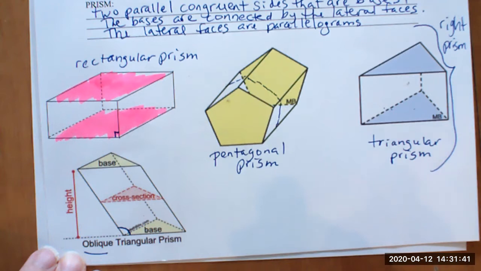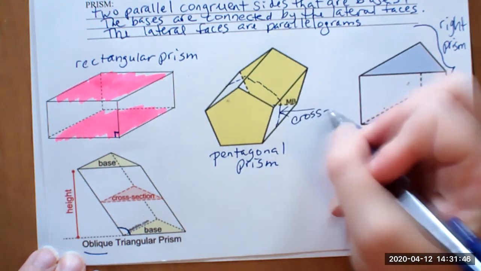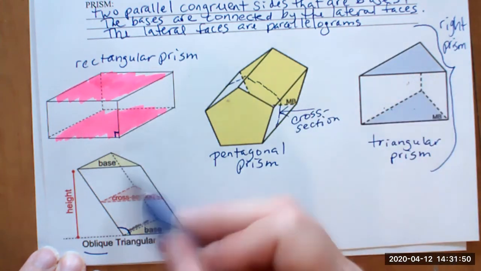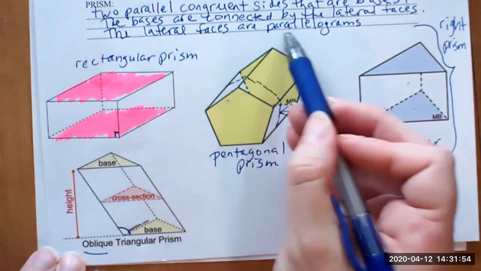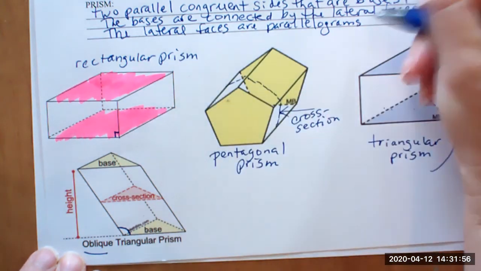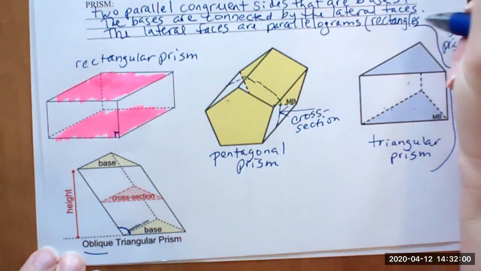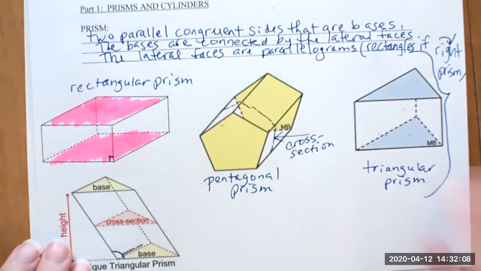That would be a cross section, okay? So cross sections are not just for oblique prisms, it's just that I happened to pull this diagram that showed the cross section. So the lateral faces are parallelograms, and they are rectangles if it's a right prism, okay? So if it's a right prism, then you have rectangles on the lateral faces.